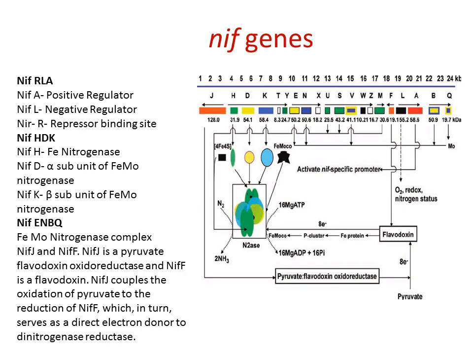Once the dinitrogenase reductase gets reduced, it reduces the nitrogenase enzyme, and in turn this nitrogenase enzyme reduces nitrogen into ammonia. So this is how the NIF operon operates.